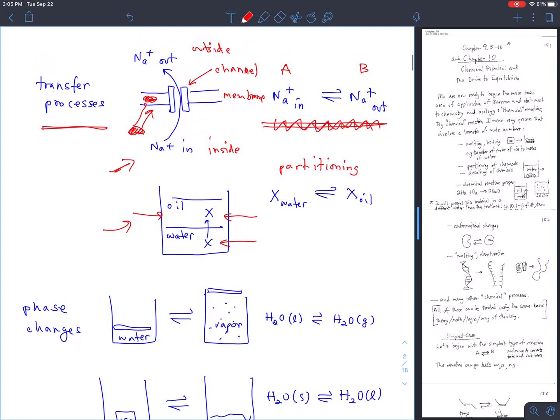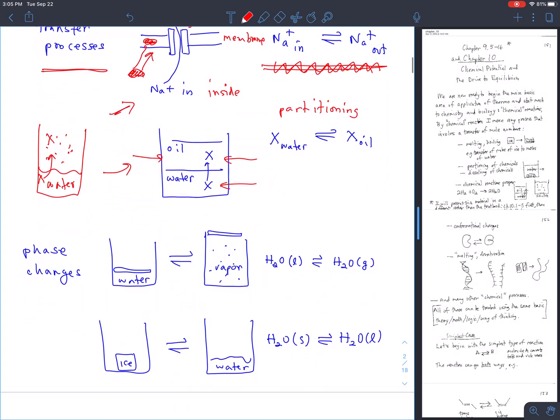And there's a million other kinds of situations where partitioning happens. For example, if I've got a water phase here and there's a gas phase up above, that's another type of partitioning, right? So some molecule in the water phase evaporates out into the gas phase. That's another kind of partitioning. Anytime some chemical species transfers itself from one phase to another, that's a partitioning process.